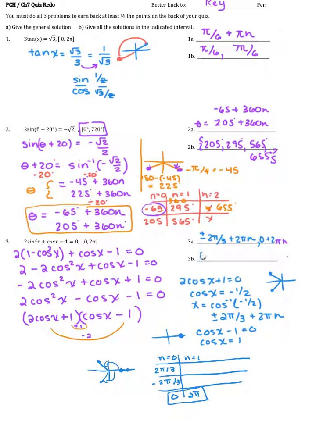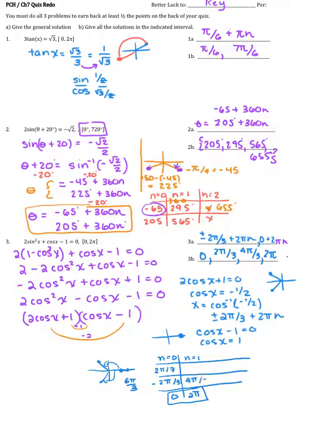So we are going to have 0, we are going to have 2 pi over 3, we are going to have 4 pi over 3, and we're going to finish with 2 pi. And I get the negative 2 pi over 3 by adding 2 pi, which is the same thing as 6 pi over 3.